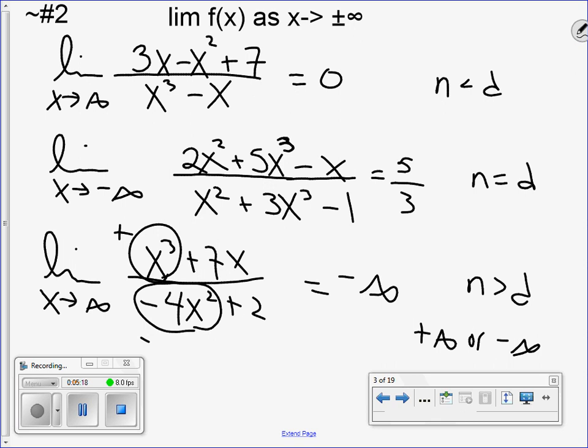If this had been approaching negative infinity, then the limit would have been positive infinity, because you would have had a negative over negative. I would still know it was positive or negative infinity because of the degrees, but the numerator would be negative and the denominator would be negative, so it would have been positive. So that's how it would have affected this.